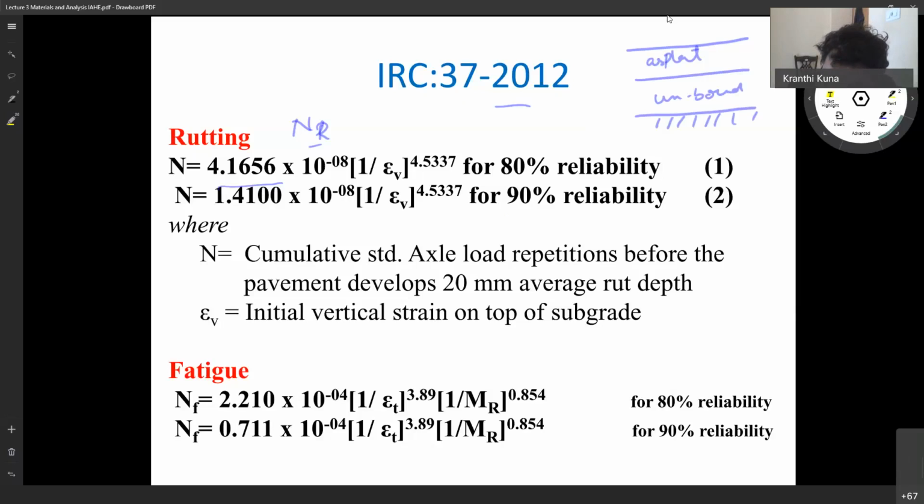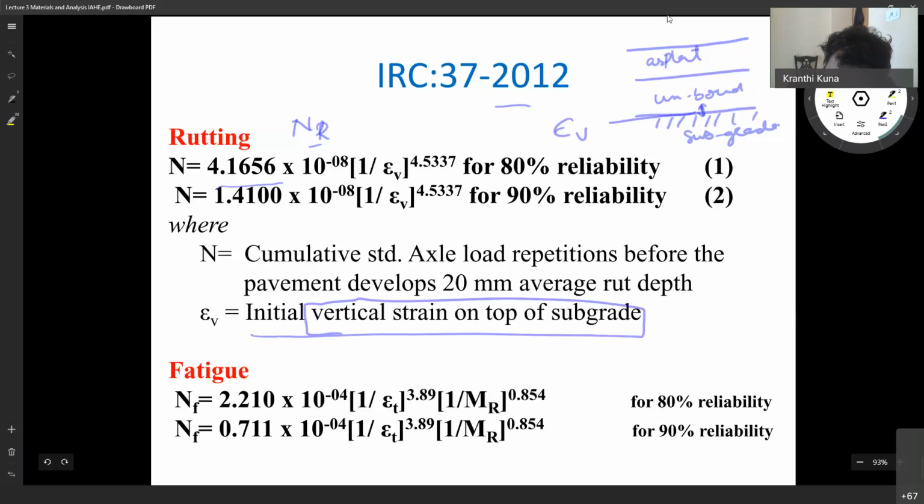Whatever compressive strain we get at the top of the subgrade, this is the subgrade, is what we call epsilon v. Epsilon v is the initial vertical strain on the top of the subgrade. Say you choose 120 mm of this layer and 250 mm of this layer.